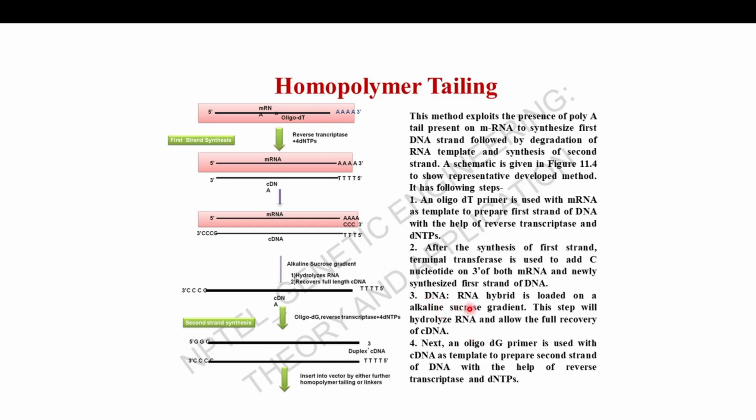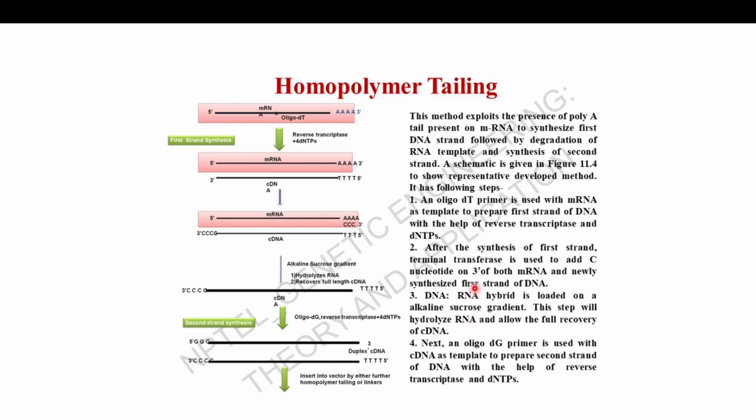This DNA RNA hybrid is passed through a gradient which is alkaline in nature, having a high pH, and this step will hydrolyze RNA and allow the full recovery of cDNA. Hydrolyze means breaking the phosphodiester linkage, right? The OH minus is a nucleophile which will attack, and the phosphodiester linkage will be broken between the nucleotides.